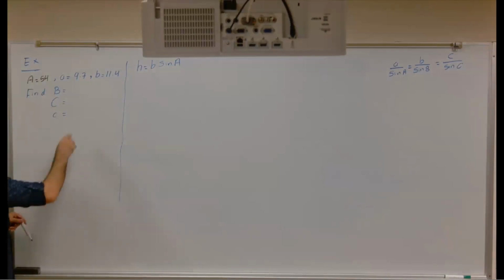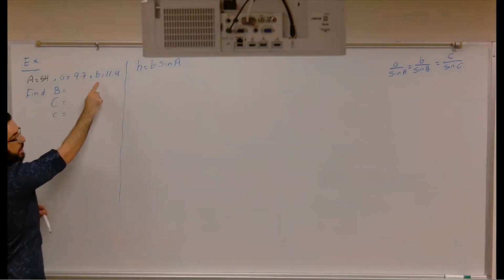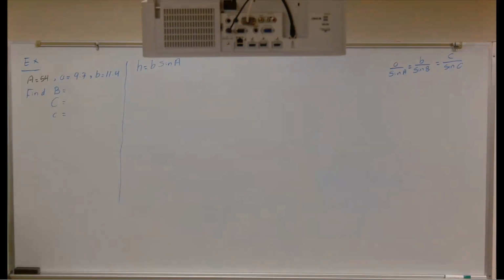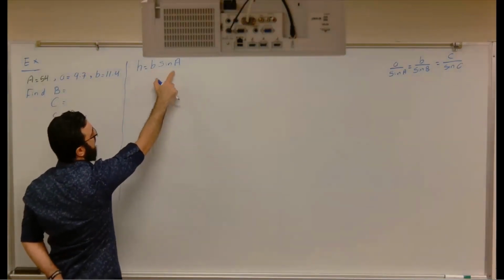If you have capital B and the angle, you can say it's A sine capital B. The opposite, the side with the different angle. That's how we're going to find the H. Always use this one, B sine A.